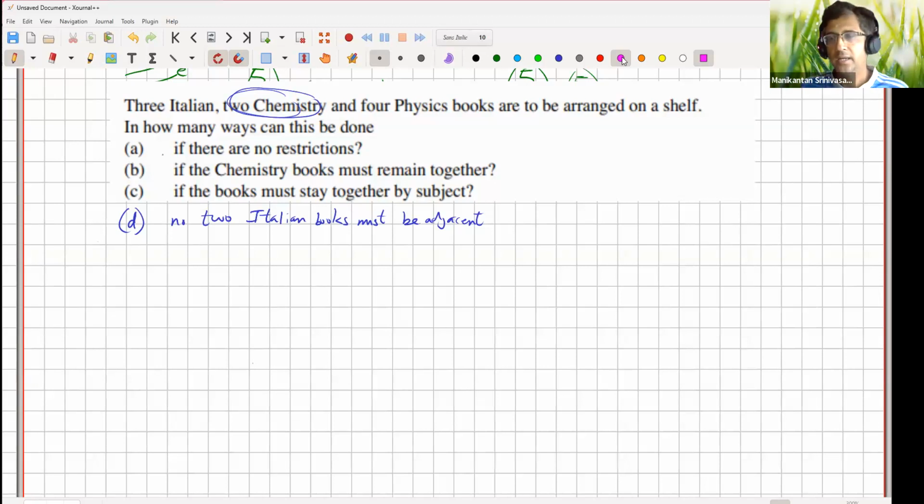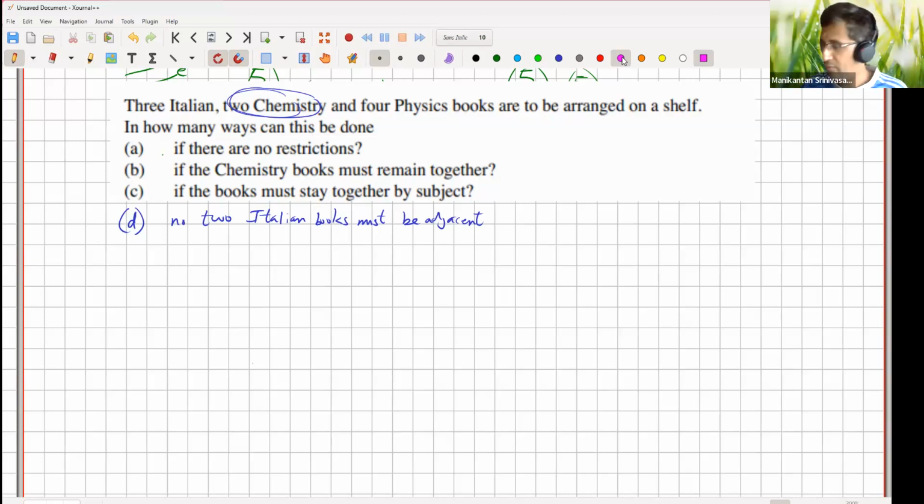He said count all the cases and subtract those cases where the Italian books are together. But there are multiple cases. All three Italian books could be together, or two of them are together and one of them is separate somewhere else. So all that extra confusion gets added. That's why I said it's kind of inefficient. If someone's got that method, they should explain that.